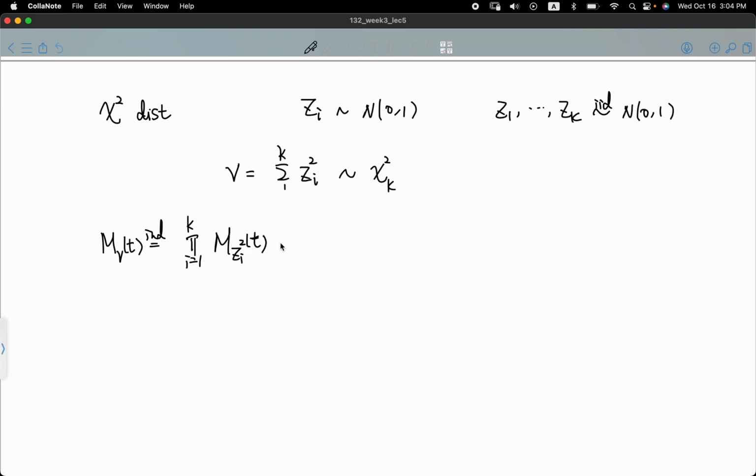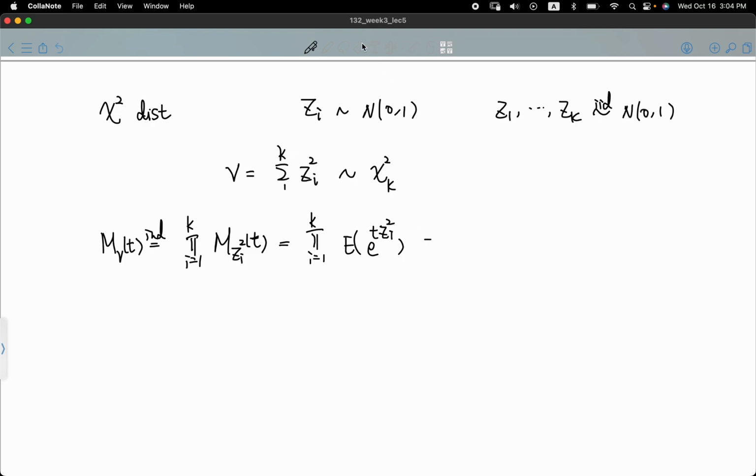So here maybe we use the definition of the moment generating function. Again, the product from 1 to k of the expected value of e to the t Zi squared.